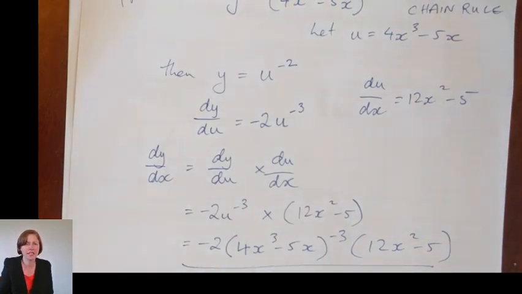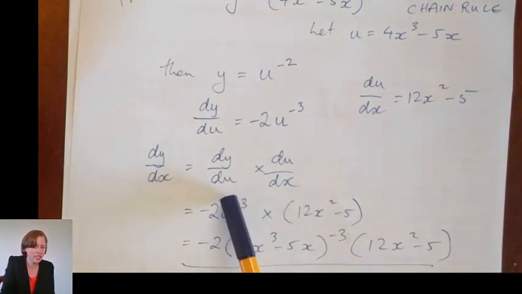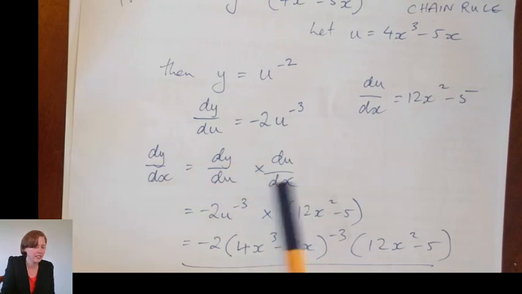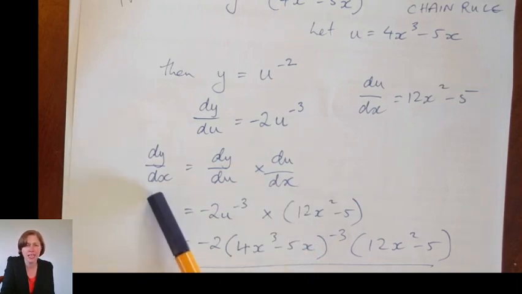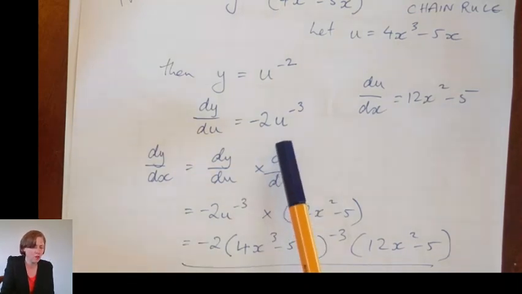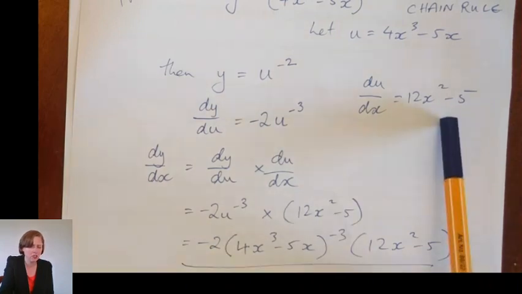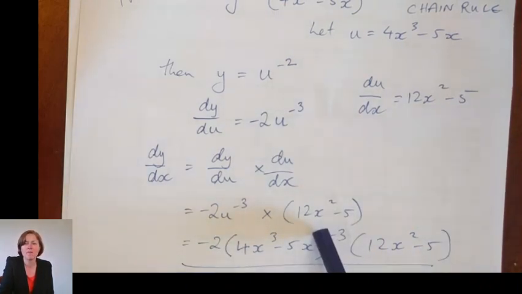All right, now I apply the chain rule. dy/du times du/dx is going to give me the derivative dy/dx. So I substitute dy/du here, du/dx here, and in my last step I replace u with 4x cubed minus 5x, and then I'm pretty much done.